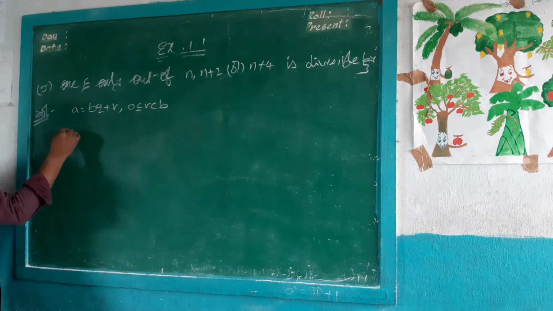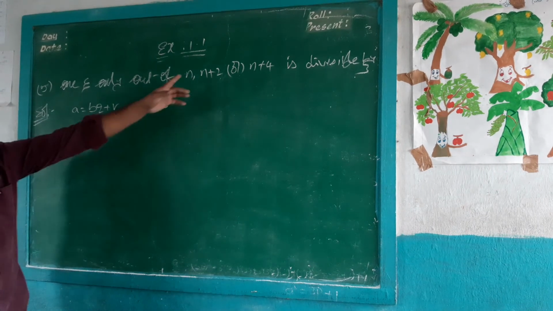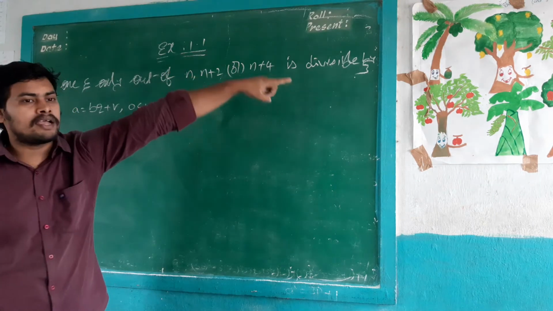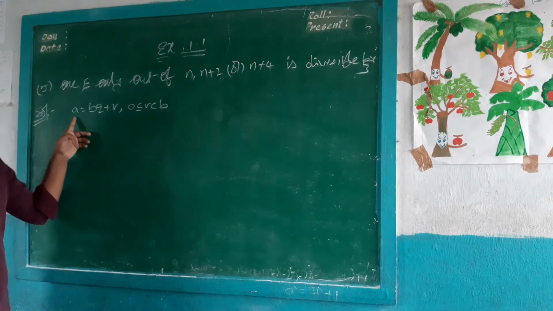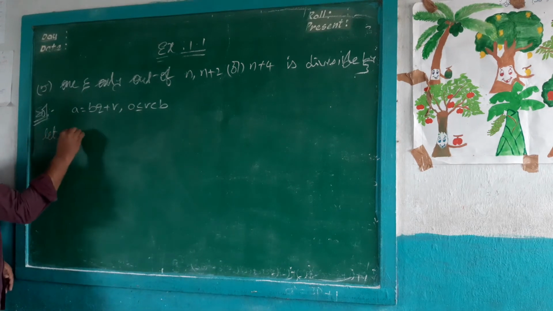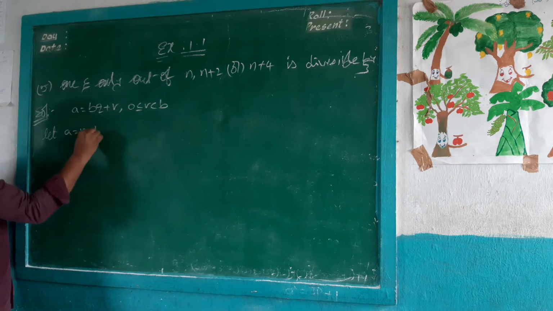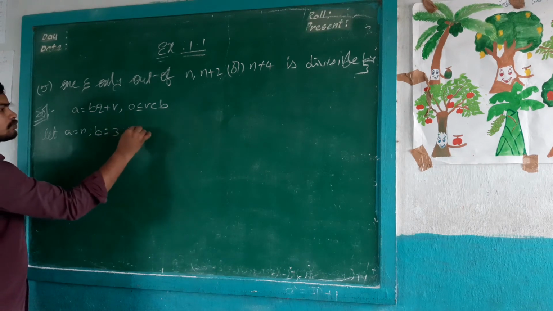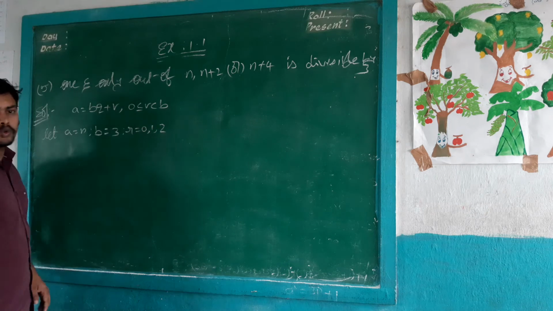So here n plus 2 and n plus 4 are also numbers, and we check whether they are divisible by 3. So we have to replace a by n. Let a equal n, b equal 3. The r value obviously lies among 0, 1, 2.